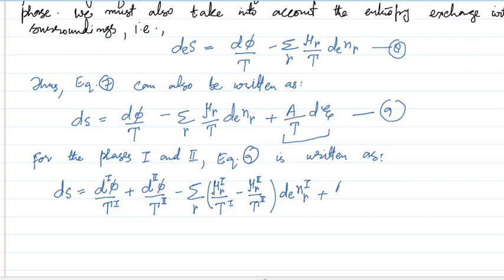For these two phases, we will write it as A1 d zeta1 upon T1 plus A2, the affinity for the second phase, and d zeta2 for the second phase, similarly temperature for the second phase. This is equation 10.